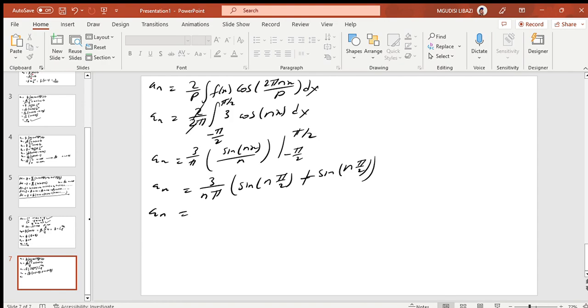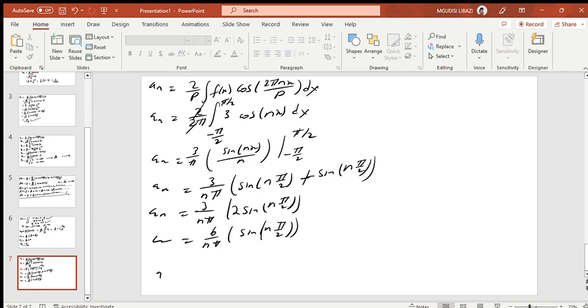So I have an, which is now 3 over n pi times sine of n times pi over 2 plus sine of n times pi over 2, which gives 2 sine of n pi over 2. So an should be equal to 6 over n pi times sine of n pi over 2. If that was just sine n pi, it would be 0, but now we have sine of n multiplied by pi over 2, and that's not going to be 0.